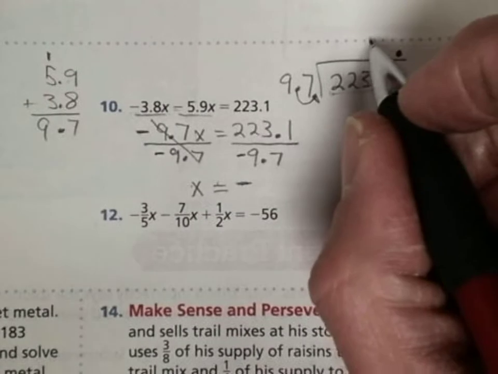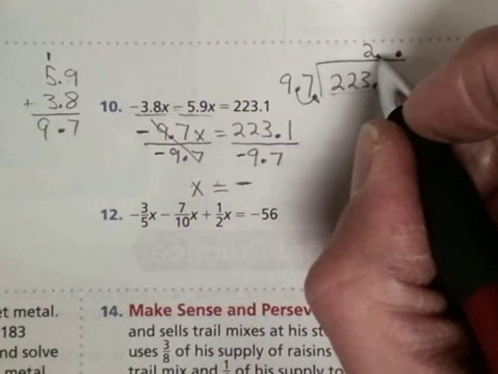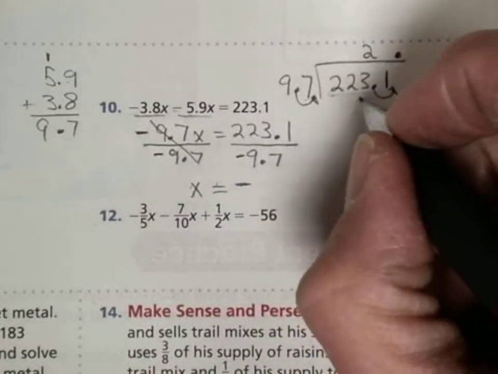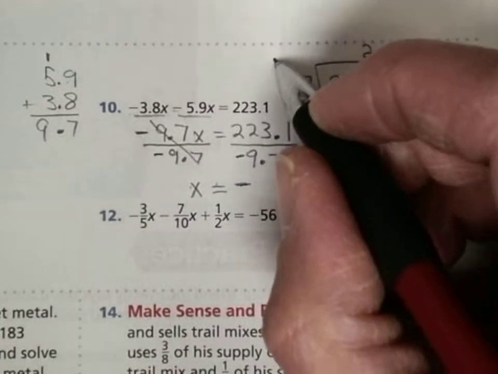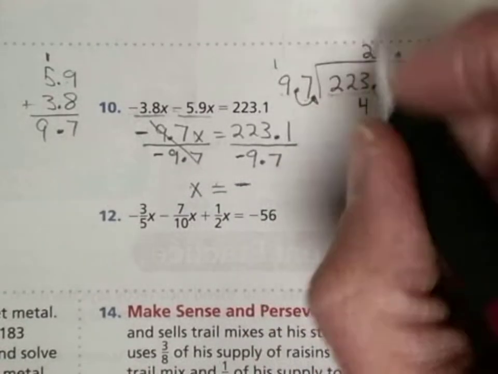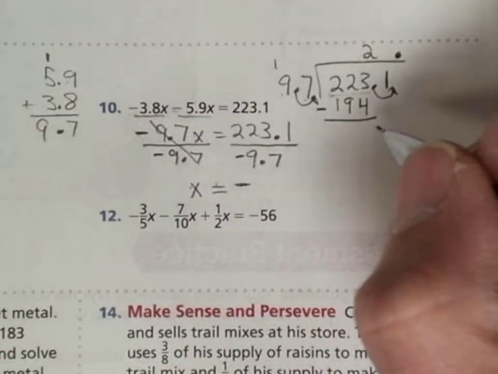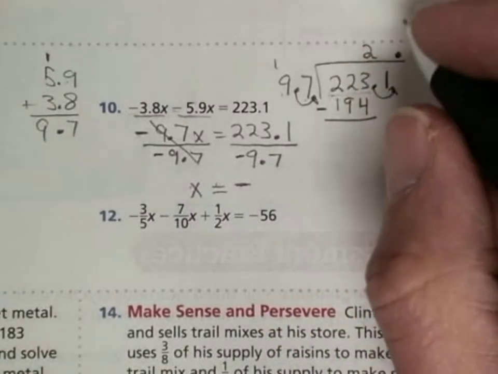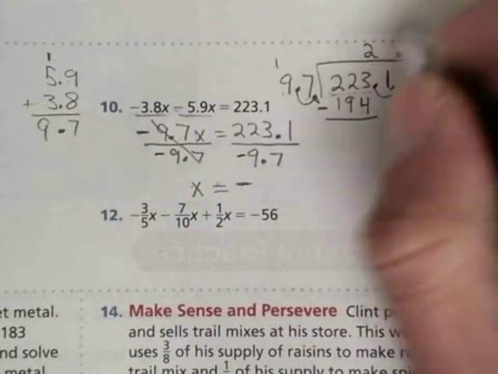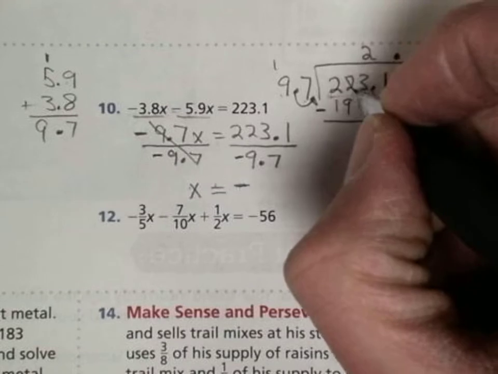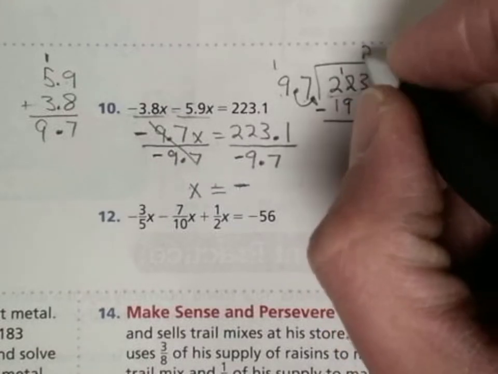I'm going to say 97 times 2 is going to get me pretty close to 223. So 2 times 7 is 14, carry the 1, 2 times 9 is 18, plus 1 is 19. So that gives me 194. So 223 minus 194, 3 minus 4. Can't do it, can I, right? So I have to make this a 1, and this becomes a 13.